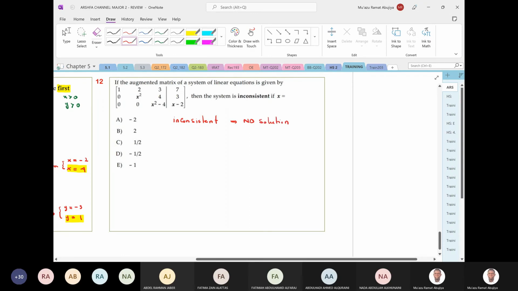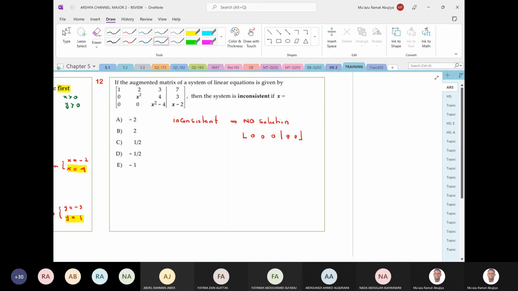So if we have a matrix form and you want to put no solution, in the bottom row you are going to put 0, 0. It is a 3 by 3 matrix. And then the last entry here cannot be equal to 0. So this we need to understand.